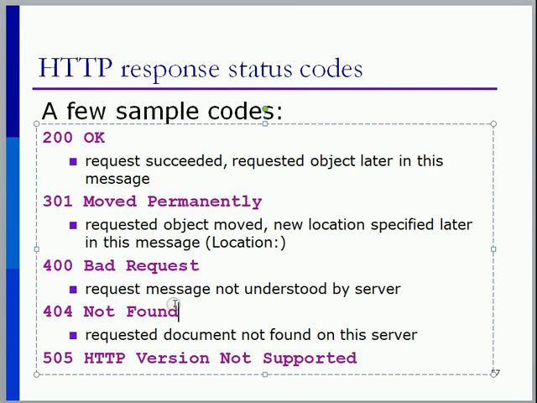Now some other responses are 200. Okay, 301 moved permanently. You'll find that sometimes when your web address has moved to another address. You sometimes have 400 when downloading files. You see this error, 400 bad request. That's when the link is broken or not working, something like that. And 505 is an HTTP version error, which is very rare now.